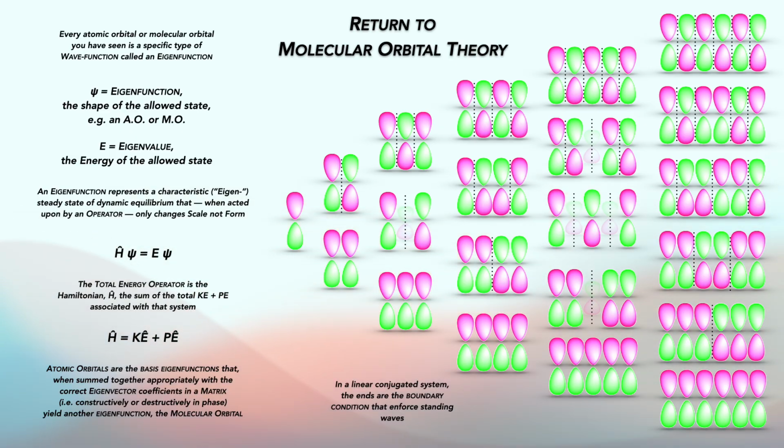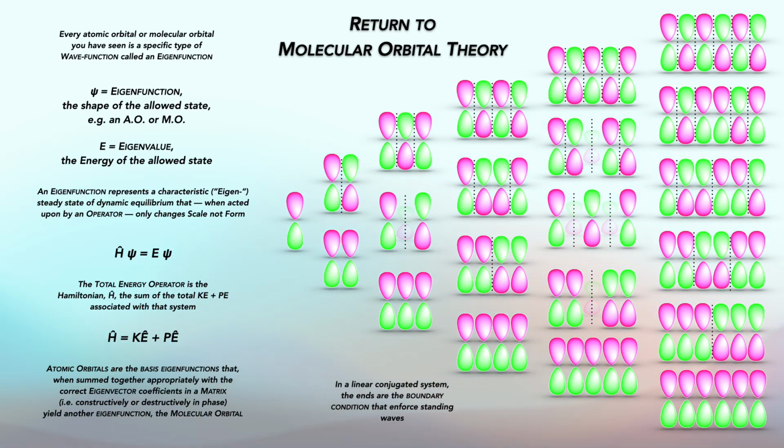We're saying that only certain shapes or states are allowed, and that each allowed shape state has a fixed energy. Those shapes are atomic orbitals or molecular orbitals. Those energies are their eigenvalues. An eigenfunction is not static.